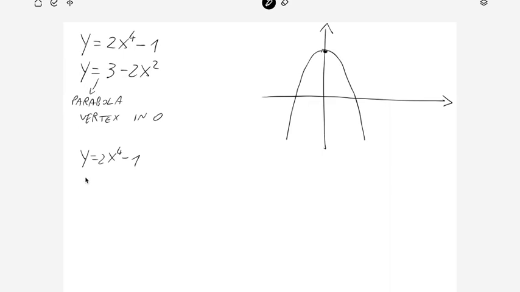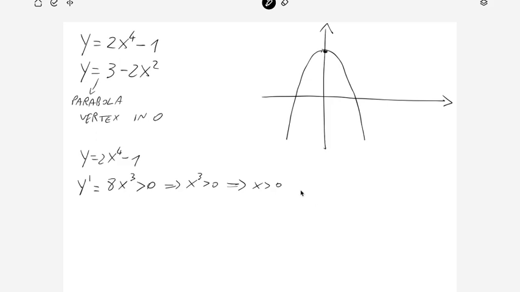We have to differentiate, so the derivative of this is just 8x to the 3, and this is greater than 0 when x to the 3 is greater than 0, then when x is greater than 0.